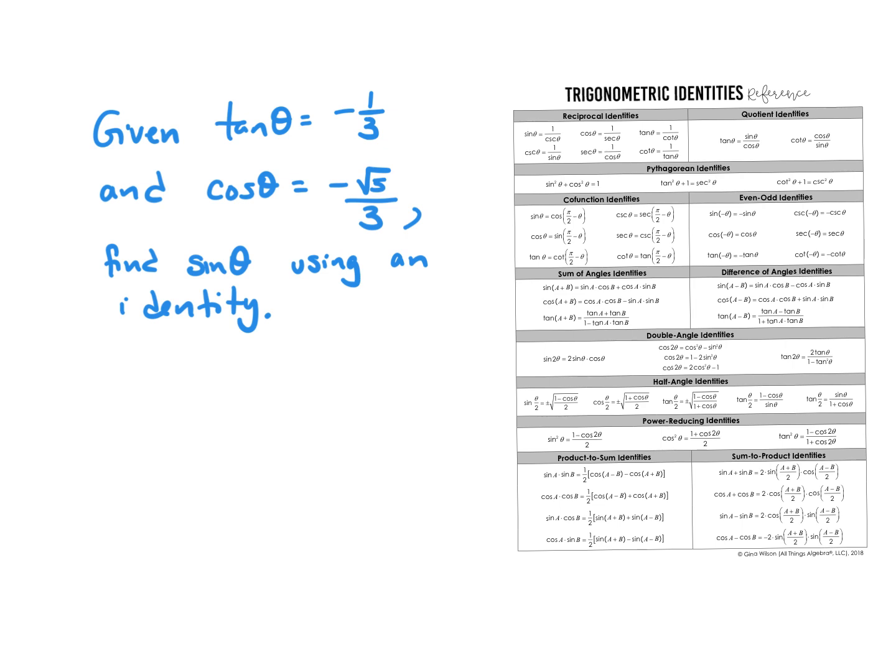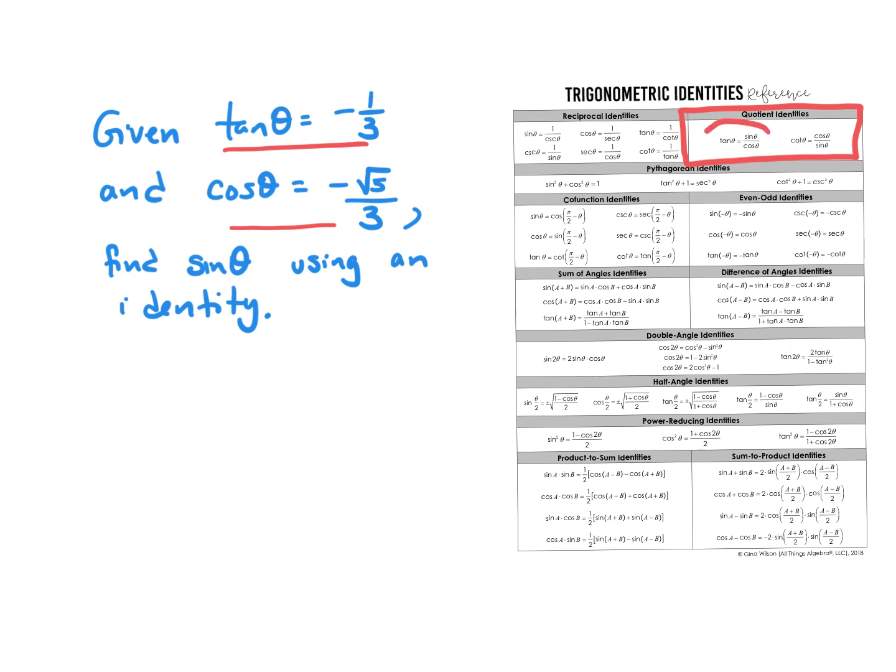Another very popular set of identities is the quotient identities. We have two quotient identities. Tangent is sine over cosine, cotangent is cosine over sine. Both of these are related to the unit circle with y over x and x over y. So in this problem, we have tangent and cosine, but we want sine.